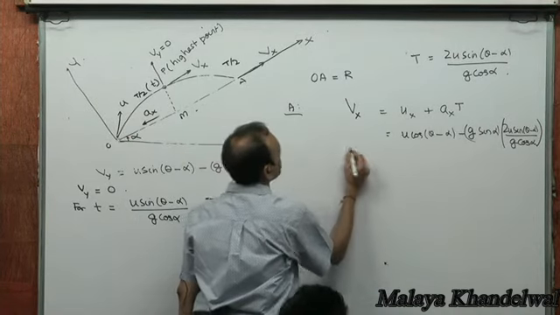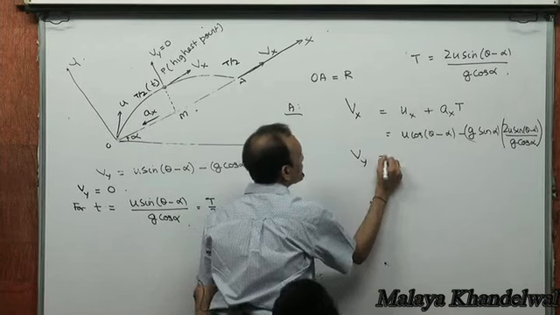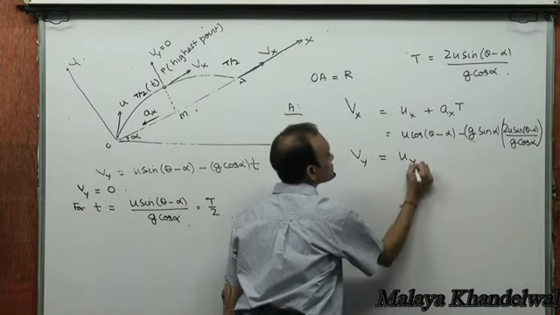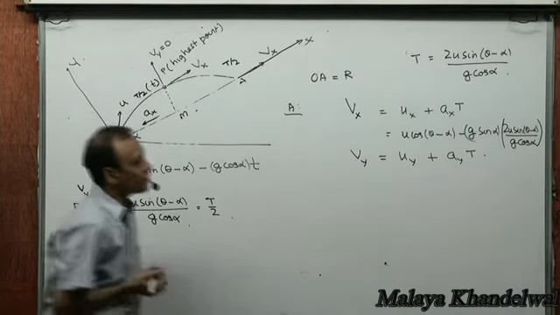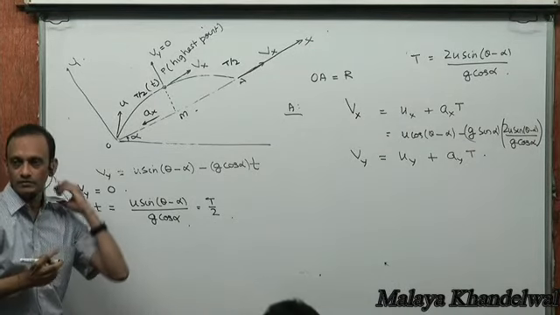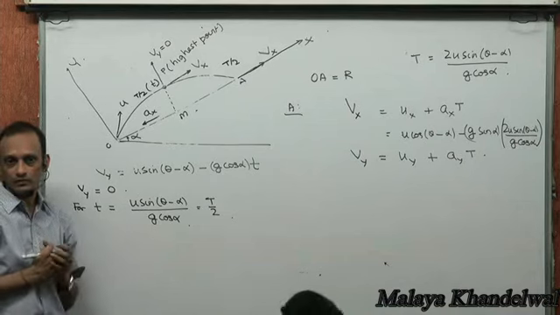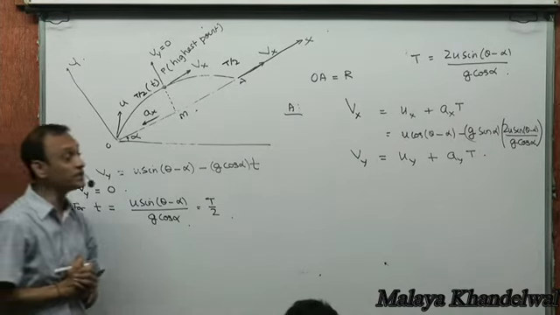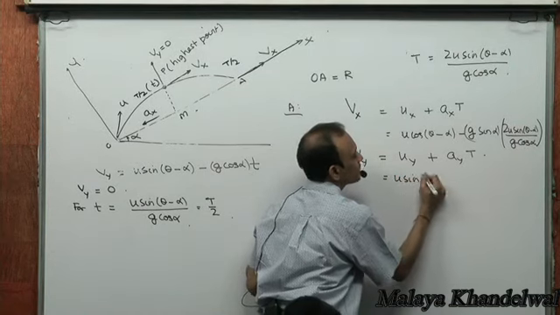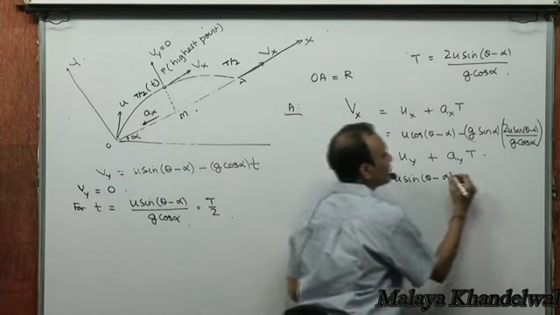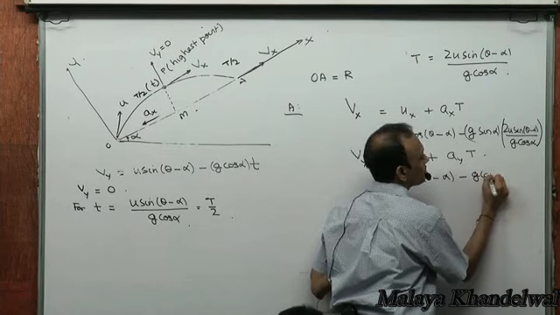Now, velocity in the y direction when it reaches A: initial velocity in the y direction plus ay into t. That's the velocity in the y direction when it reaches A. What is uy initially? u sine theta minus alpha. What is ay? Minus g cos alpha.